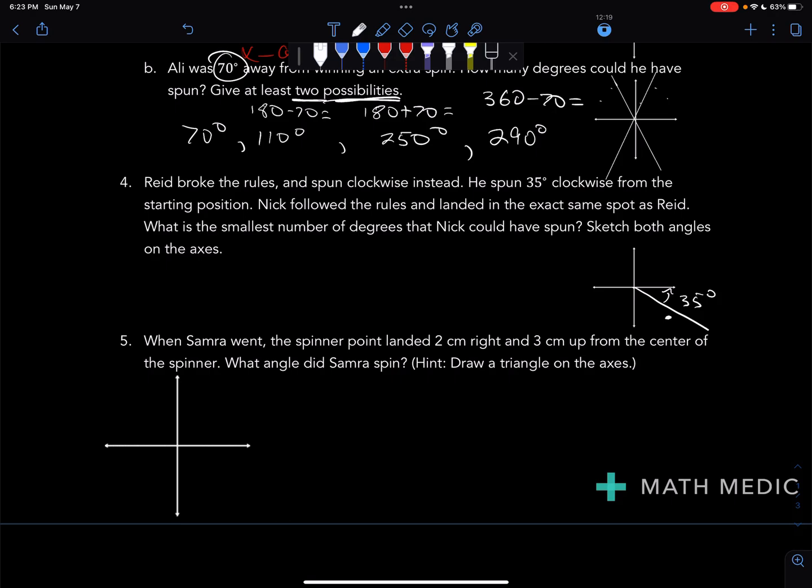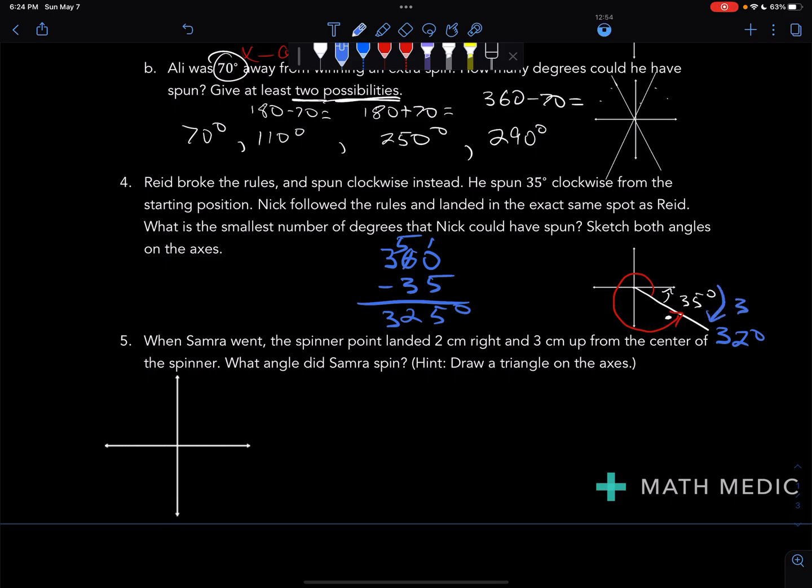So what is this angle measure if we take this angle and we go this way? What is that angle going to be? Well, we can figure that angle by doing 360 degrees minus 35 degrees. And we end up with 325 degrees. So Reed spun, broke the rules, spun this way, got 35 degrees, right?